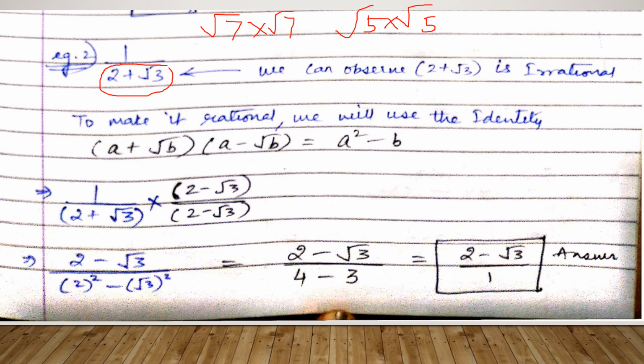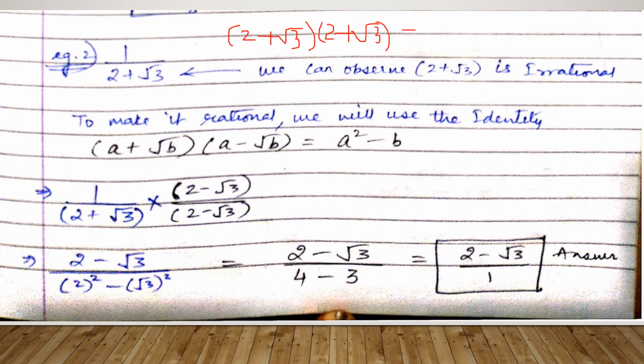What do you think we should multiply with this 2 plus root 3 to get a rational number in the denominator? If, as in the earlier case, I multiply with the same number, let's see that also. If you multiply 2 plus root 3 into the same number, that is 2 plus root 3, do you think that you will get a rational number?